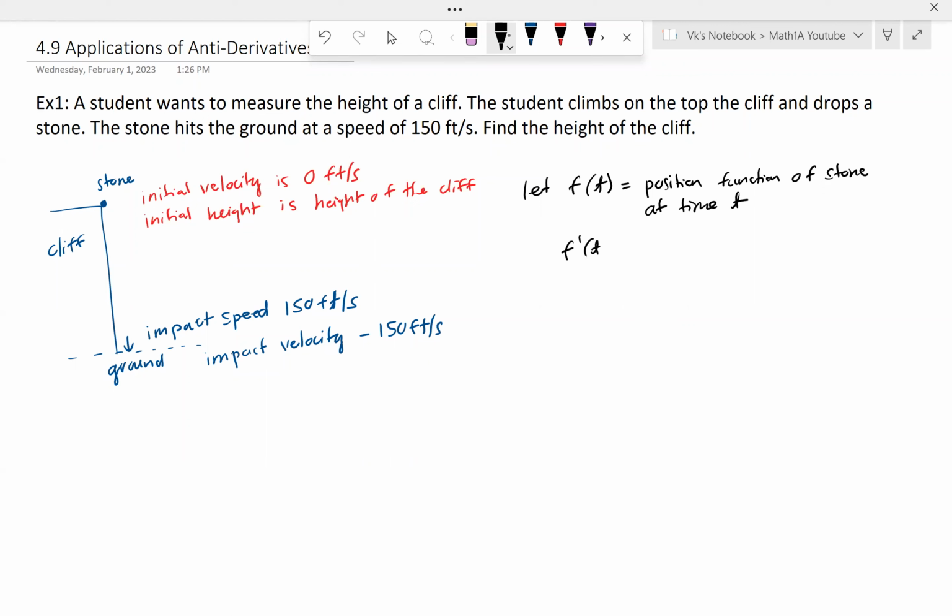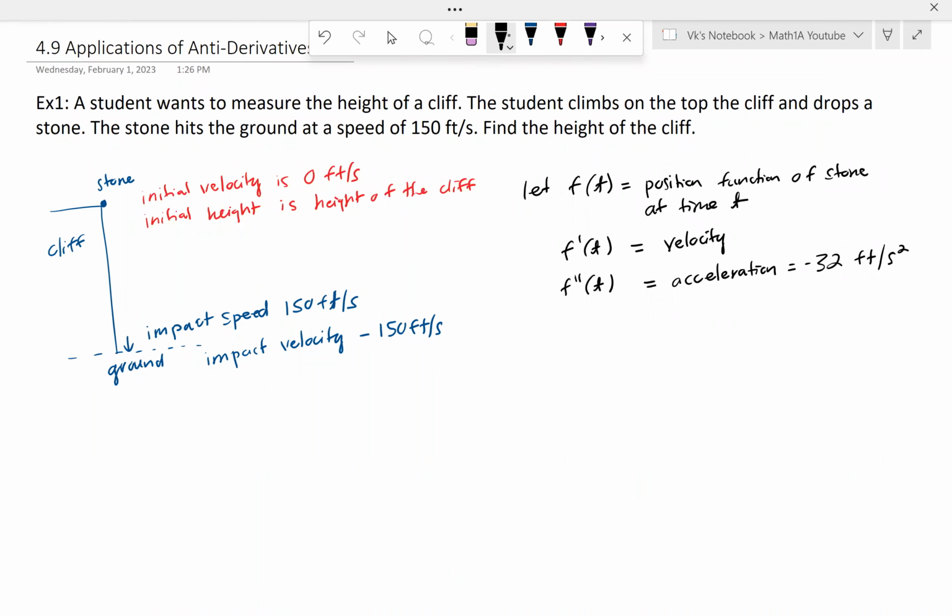Then f prime t is velocity, and f double prime t is acceleration. The stone is dropped down, and the only acceleration is gravity, the gravitational acceleration, which is negative 32 feet per second squared.